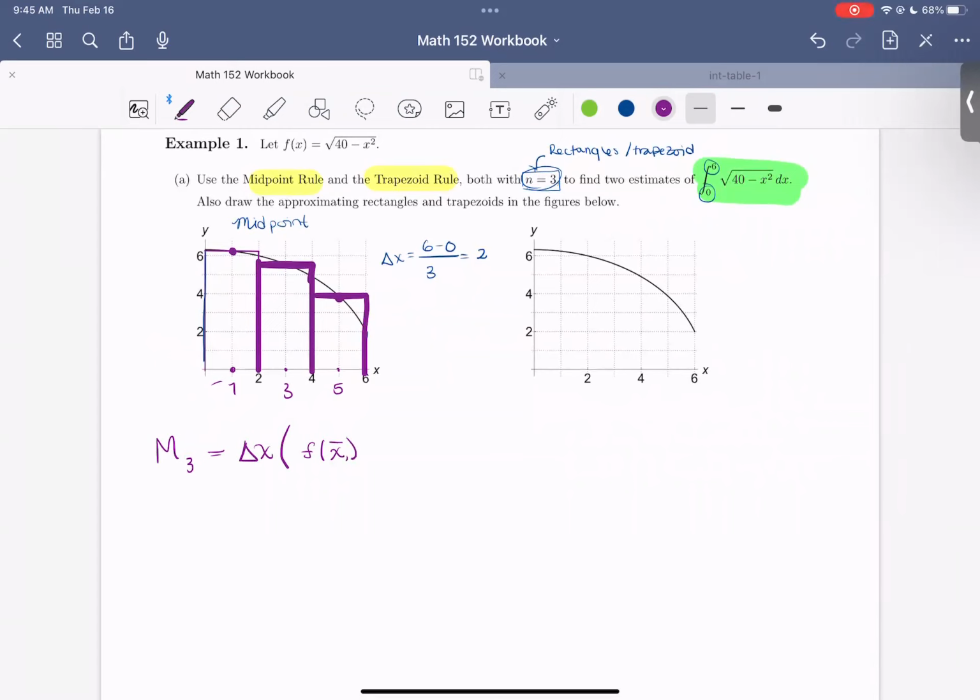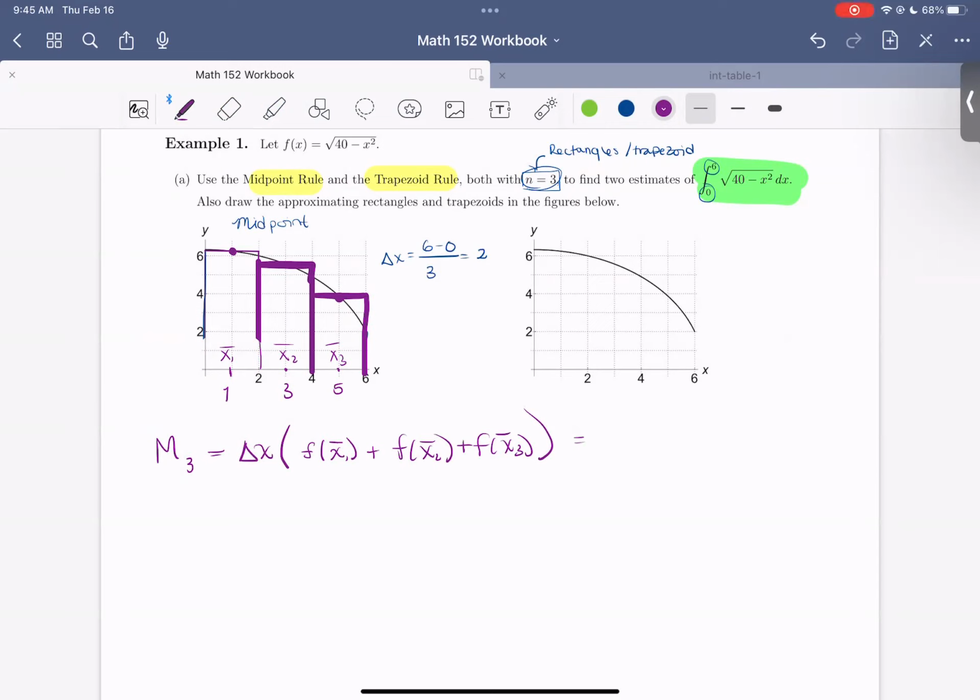This 1 here is what we were calling x sub 1 bar. This 3 is x sub 2 bar, and then x sub 3 bar. So using notation, this would look like f of x sub 1 bar plus f of x sub 2 bar plus f of x sub 3 bar.